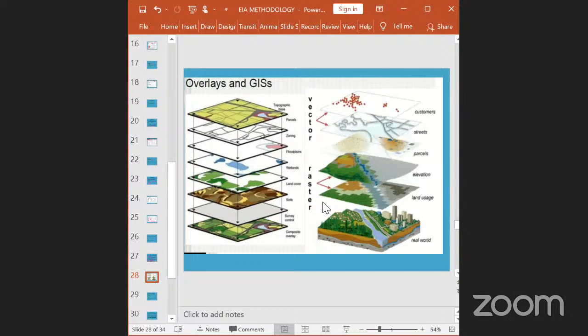These maps are overlaid to produce a composite characterization of the regional environment. Impacts are identified by noting the impacted environmental characteristics lying within the project boundaries. The approach seems most useful as a method of screening alternative project sites or routes before detailed impact analysis.